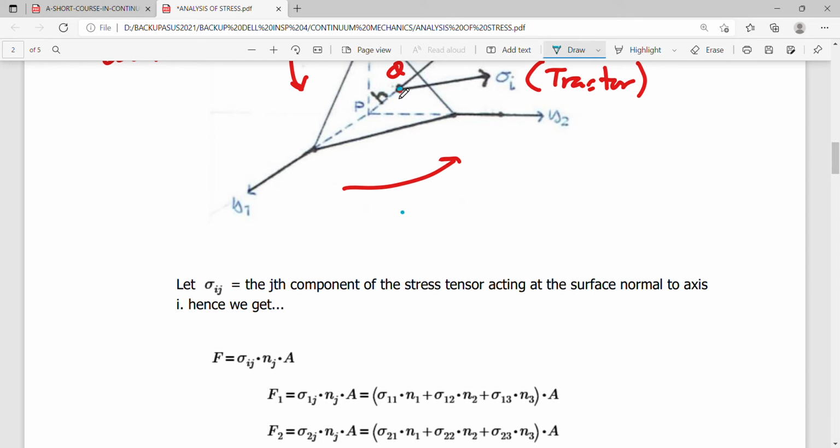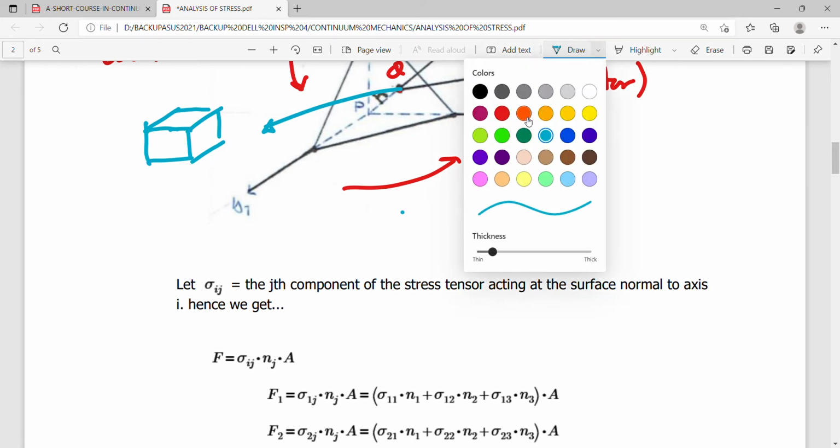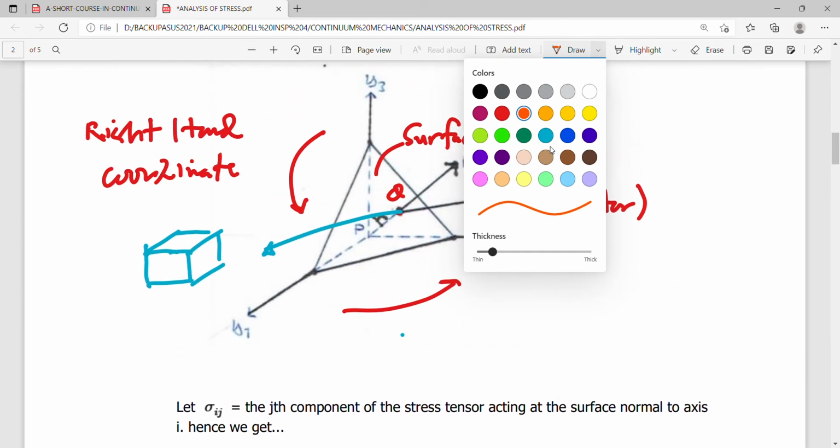So if I make use of a representation of this point based on a cubical element which is infinitesimal in nature, I have now here a cube at this point, so I may describe my tensor in terms of the sigmas, considering a positive value as referred to the right-handed coordinate axis.